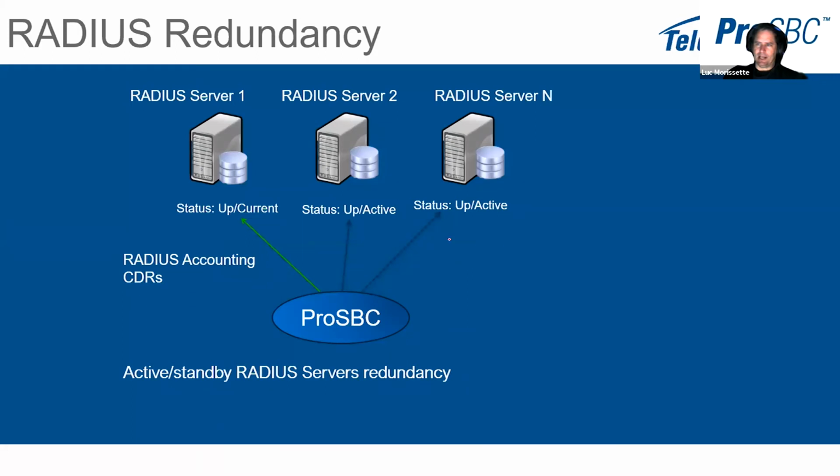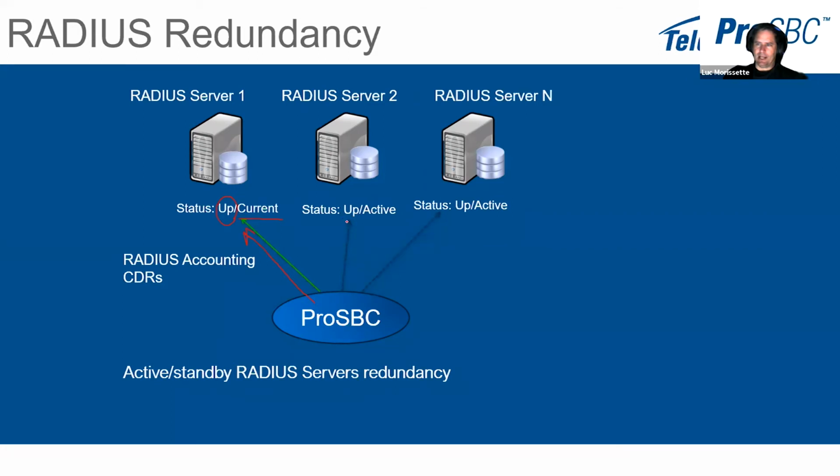You can have only one like this, or you can have as many as you want. So most of the time, customers have two RADIUS servers. The first one will be up and available, and it will be the current one. That means all the RADIUS CDRs will be sent to the same device here.